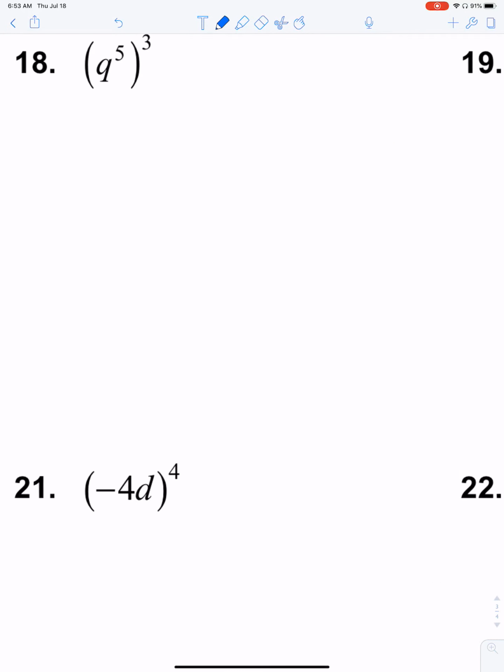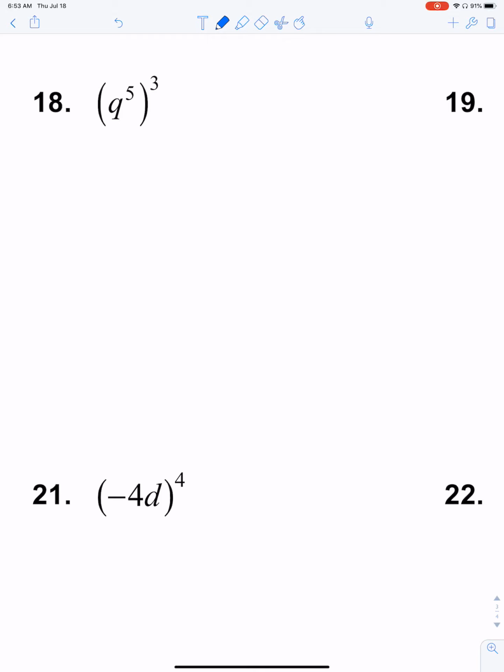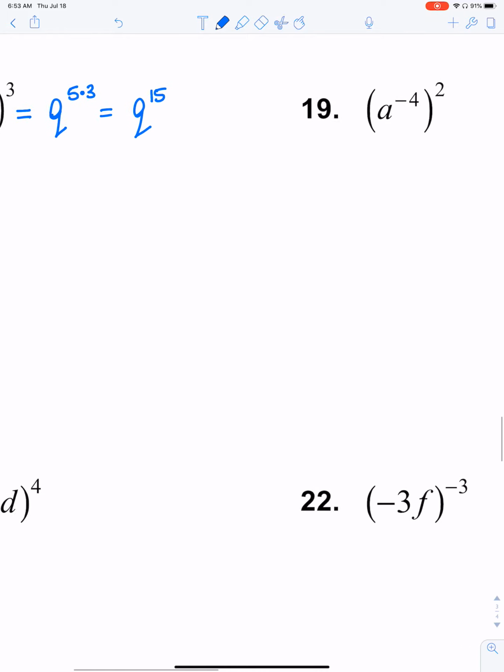So, number 18, power to a power property. Whenever you have a power to another power, you can simplify it by multiplying those powers. So q to the 5 times 3, this is going to simplify to q to the 15th. Again, easier to look at, easier to handle, easier to comprehend than the original expression.